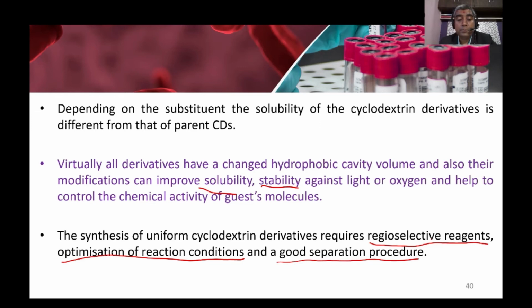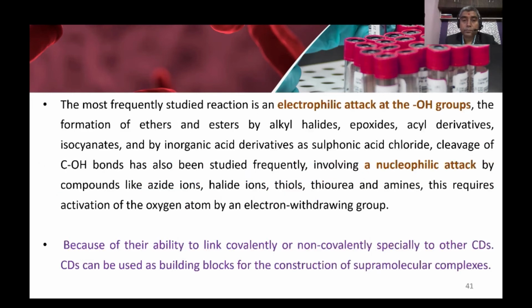Optimization of reaction conditions is needed because we don't know whether the repeating units cyclize into 6, 7, 8 or more than 8. So we require specifically optimized reaction conditions, and it also gives different isomers at the same time, so we require a good separation procedure.